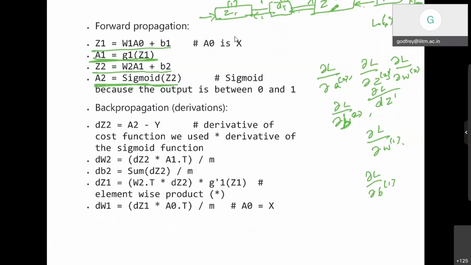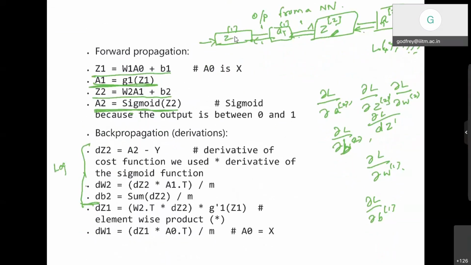If you look at what is being computed, these three things are similar to what has been computed earlier. A2 minus Y is what we saw. This is the same as in the logistic regression case, where the last two layers were very similar.